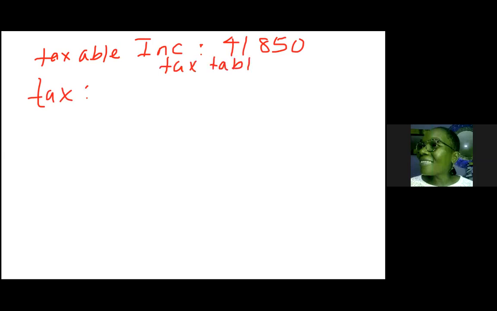So when we go into the tax table, what are we looking for? First, we look at the filing status. There are 4 filing statuses, guys. We have single, this person's single, married filing joint, married filing separate, and then we have head of household.